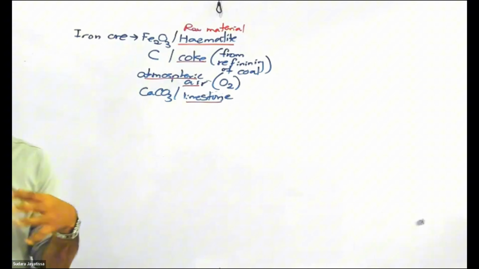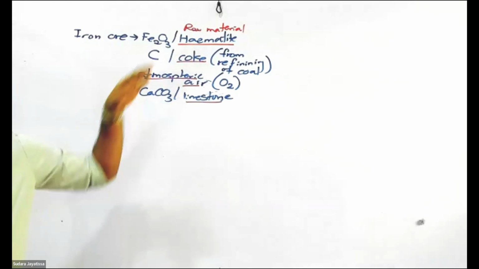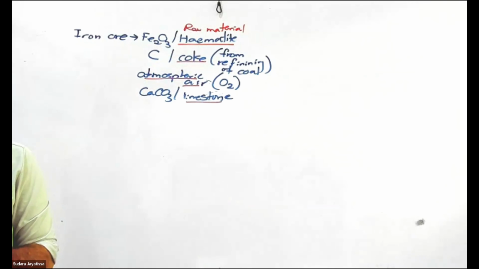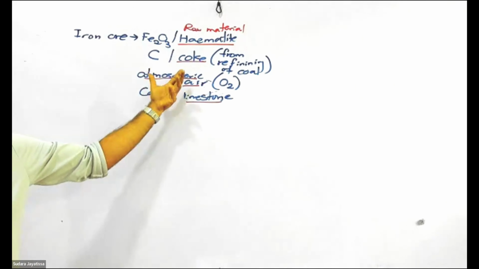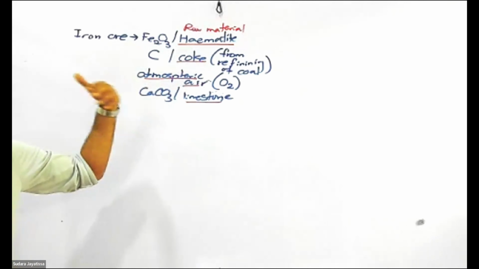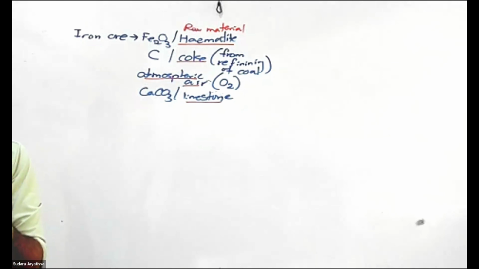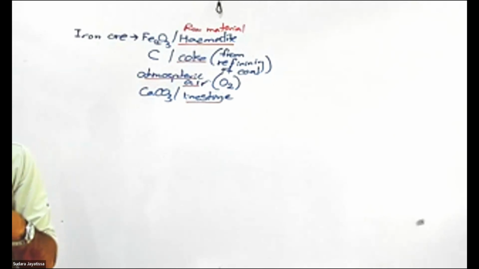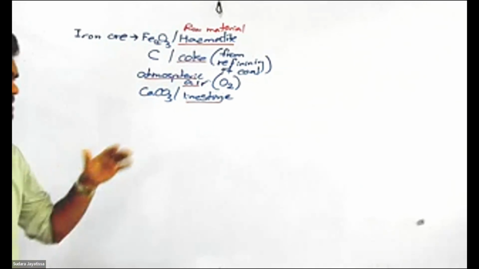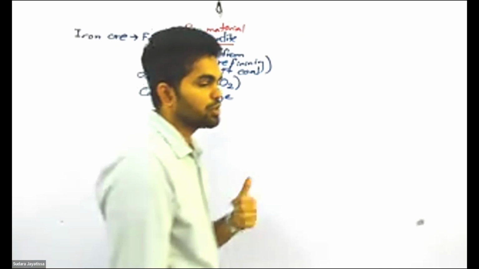Whenever they ask for raw materials, we need to give the general name we use for them. You understand? For example, atmospheric air, you can't write O2, because we use atmospheric air. We don't use O2 directly. We use oxygen, nitrogen, and everything. So telling O2 is wrong. You understand what I'm telling you?